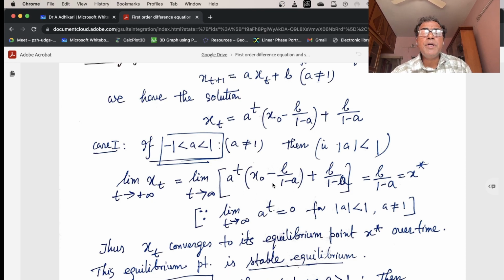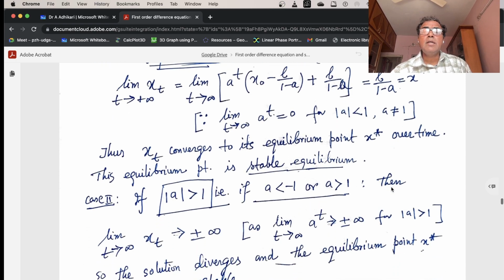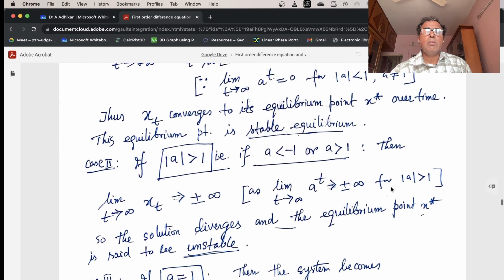Obviously as t tends to infinity, a to the power t tends to 0. So we get b by 1 minus a, that is equal to x star. So with increasing time t, this equilibrium point x star is a stable equilibrium point, because x_t tends to x star with time.